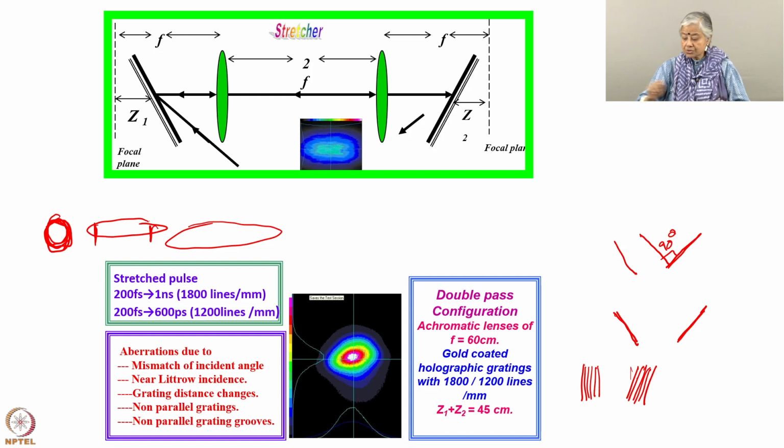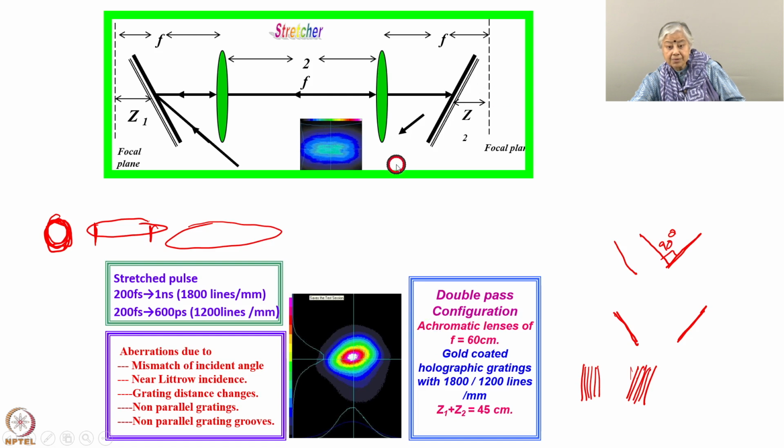Okay. So, here I put down, generally it is a double pass configuration which you have understood, and here I write achromatic lenses of focal length 60 centimeters. This is for a specific design. What do I mean by achromatic?